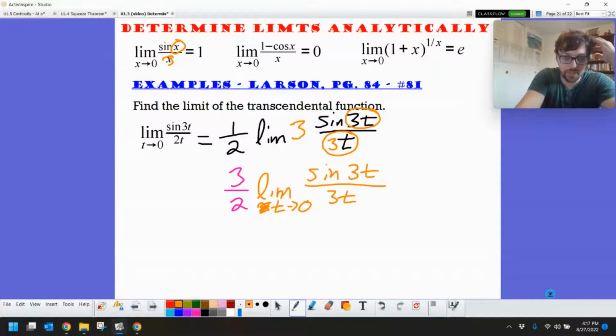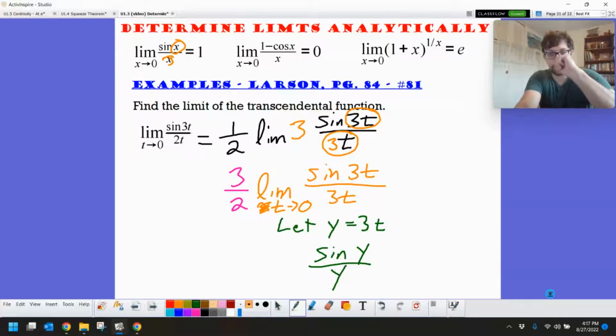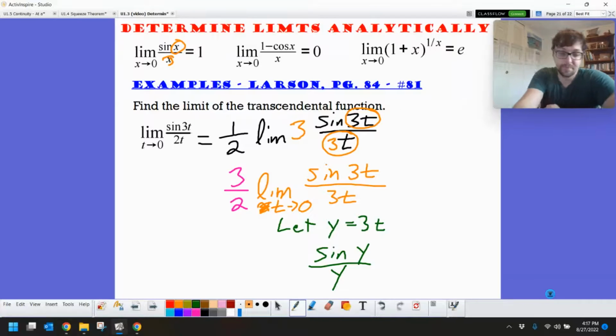So the general idea is I want to say let y equal 3t, because then we get this sine of y over y. That's making it match that thing I've got up top more.